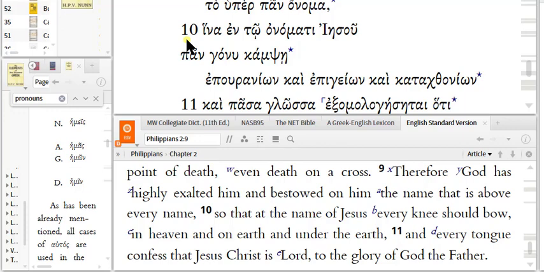Far be it. I just think that Paul is making a different argument here, okay? We're already talking about Jesus. We already know the name Jesus. What Paul is building to is that Jesus has a title, and that his identity is that of Lord. Okay, so anyhow, let's take a break here.